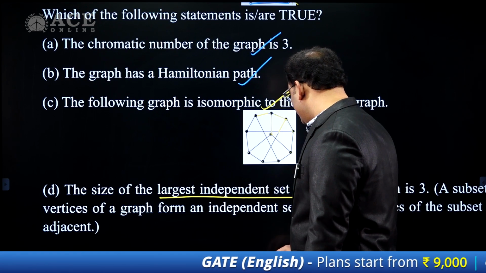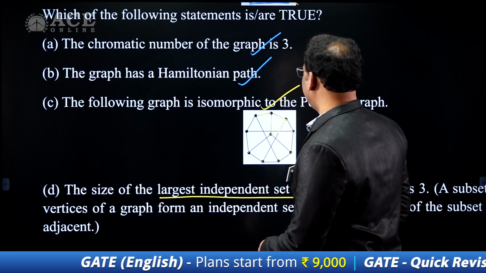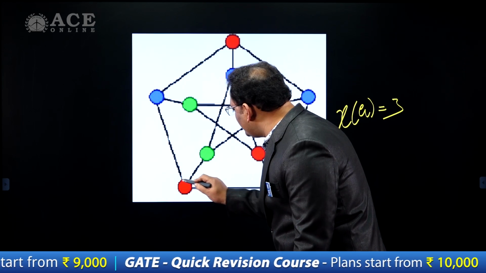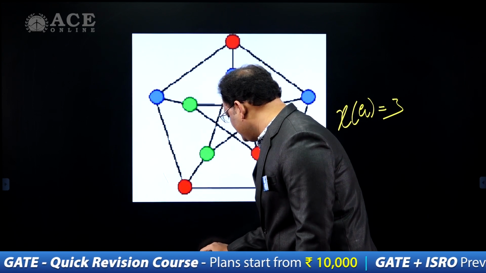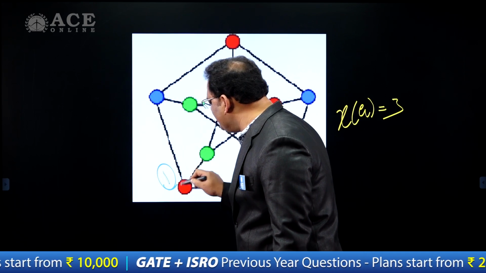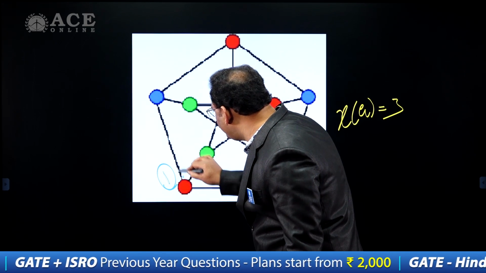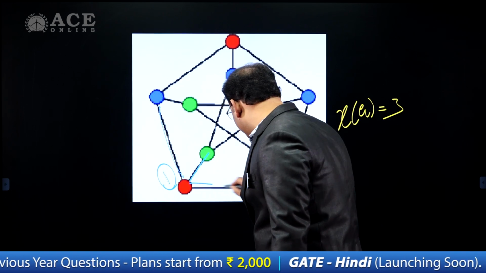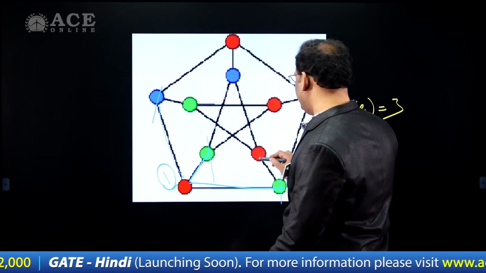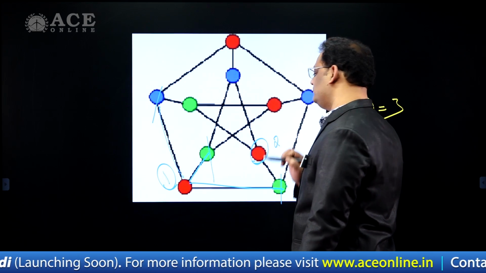For example, if you take this one as the first vertex in the independent set, the neighbors of this one and this one are not allowed, but you can take this one as the second one, no problem.